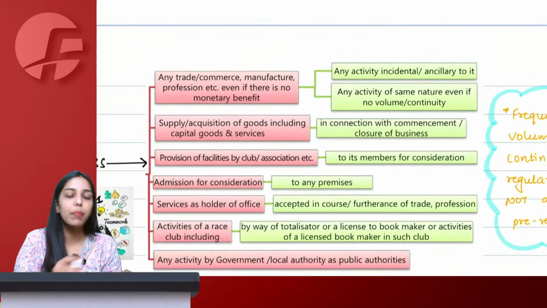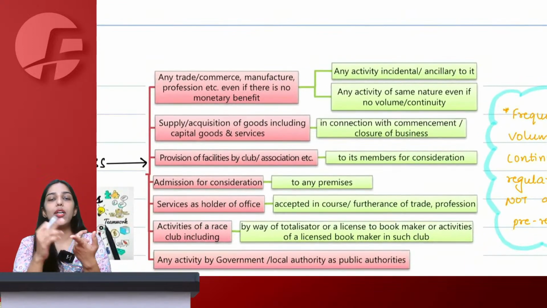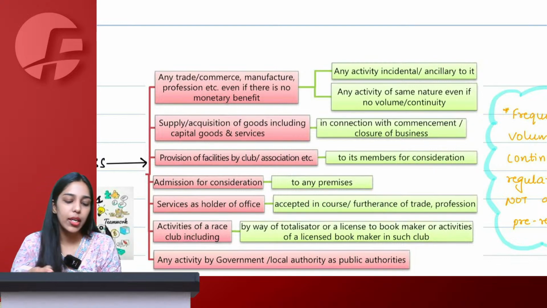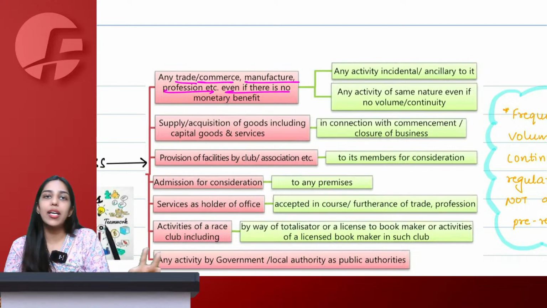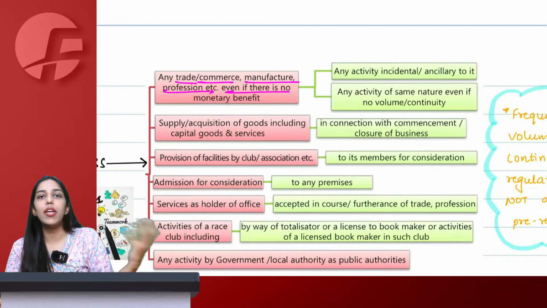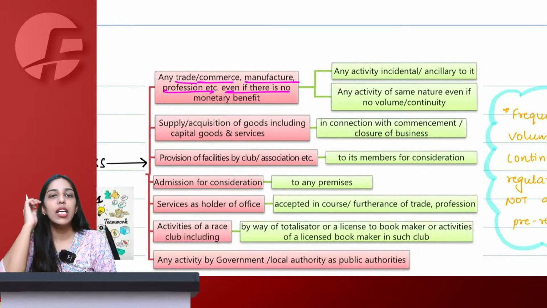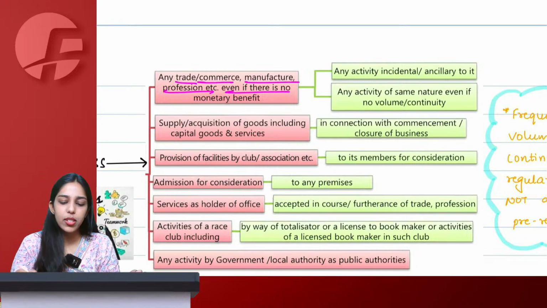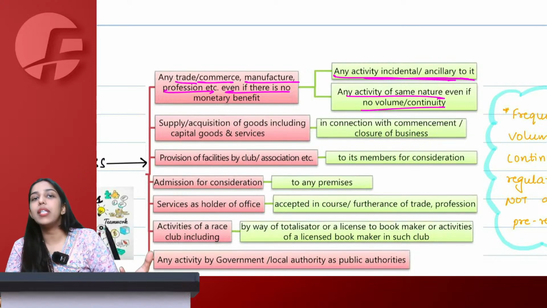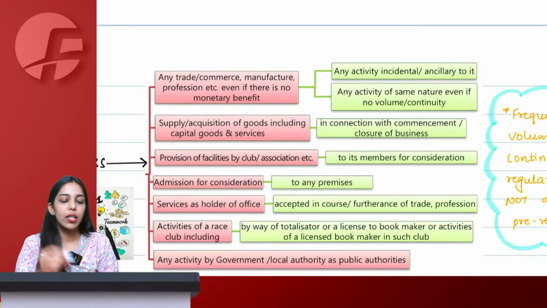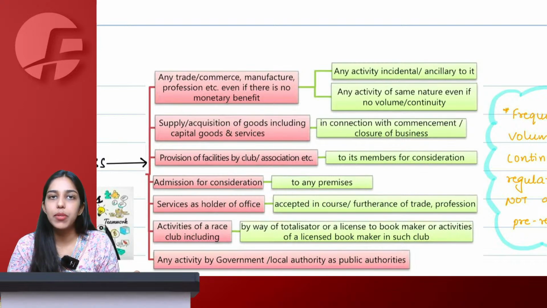Now, business is a very broad term. So, it would include trade, commerce, manufacturing, vocation, service, everything is a business only. So, any trade, commerce, manufacturing, profession, teaching. Teaching here again is a business. If I am engaged into manufacturing of something, it is also business. If I am trading something, it is also business. And plus any activity which is of the same nature or which is ancillary to it will also be considered as business only.